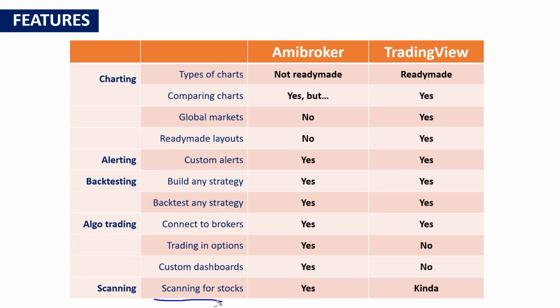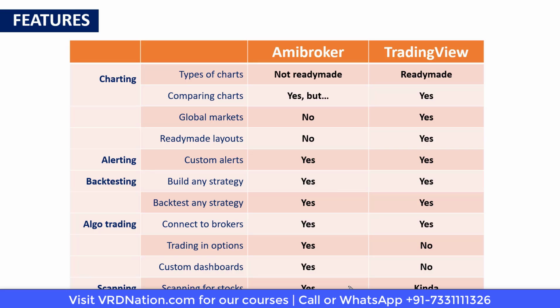And that can be based on any criteria. So you might be looking at overbought stocks or oversold stocks, or stocks that are making a certain kind of pattern. That scanning functionality is available in Amibroker, but it is not really available in TradingView the way we want it, right? So let me explain what I'm talking about.